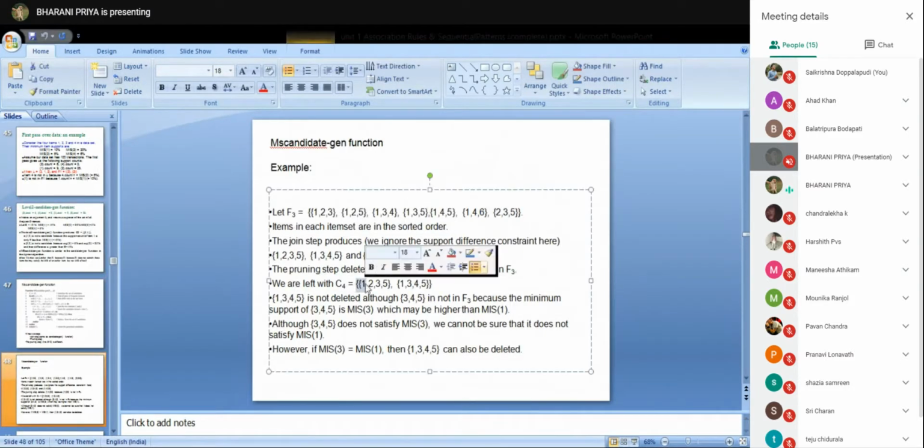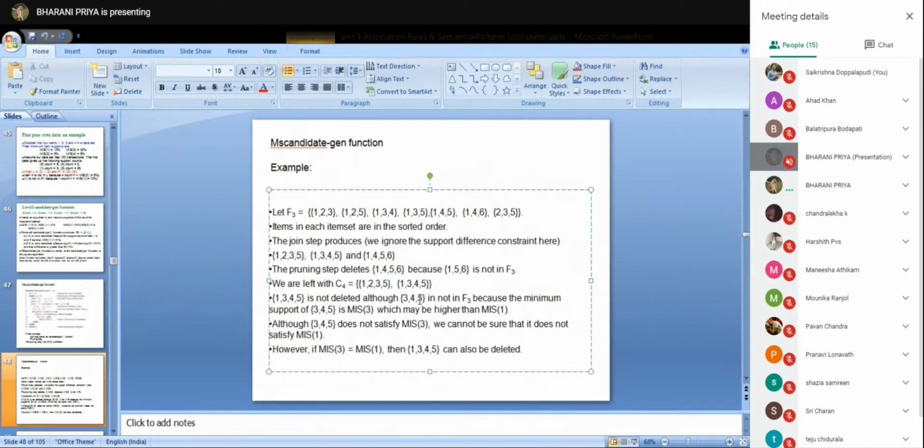If the first element belongs to the candidate, then you can delete it. But in 1, 3, 4, 5, 1 does not belong to 3, 4, 5. So you cannot delete this. Remember the rule: if the first element belongs to the subset, then you can delete. If the first element does not belong to the subset, then you cannot delete it.